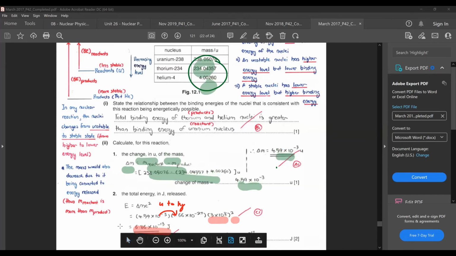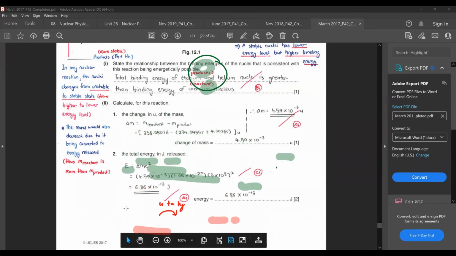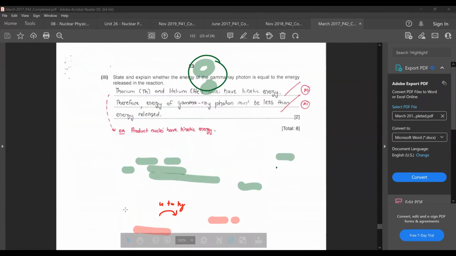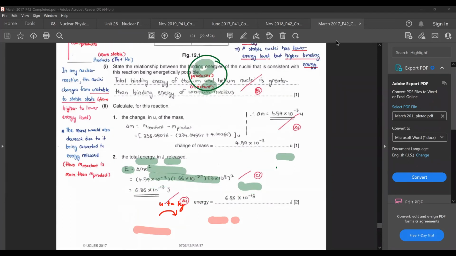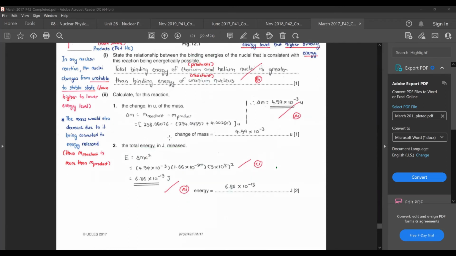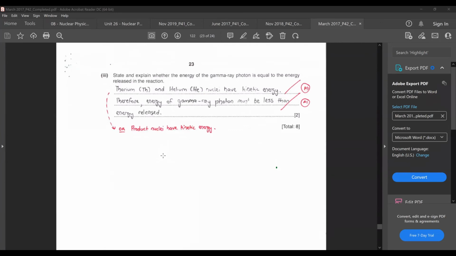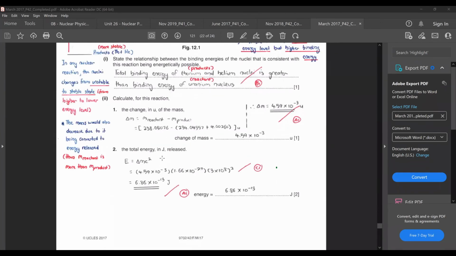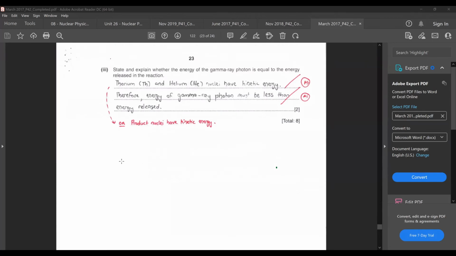Just like that. So this one is also okay. Then after that, the last statement here would be this one. So this one is okay, I hope.